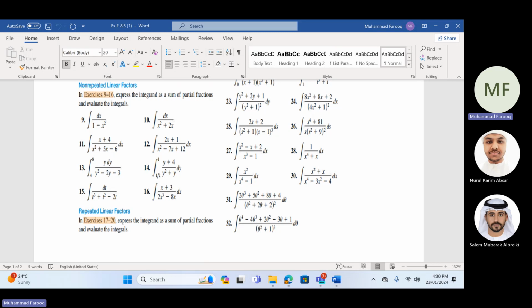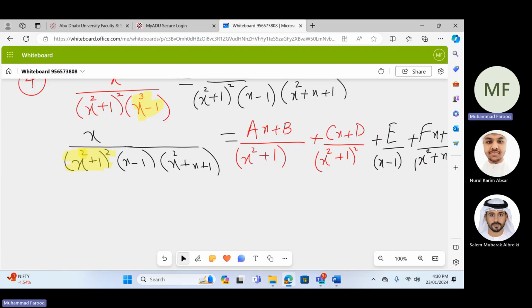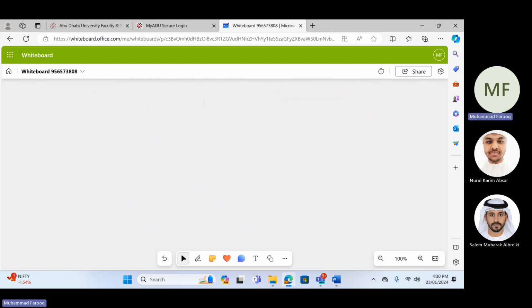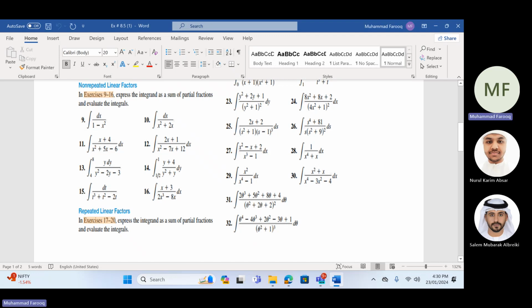Question 16: integrate x plus 3 divided by 2x cubed minus 8x.